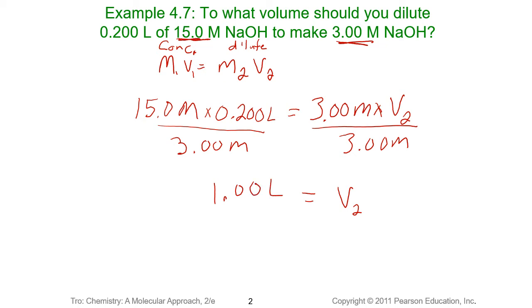Now, if we think about this, we are decreasing our molarity by 5 times, which means that we have to increase our volume by 5 times. So this does make sense as an answer that we would have 1 liter of our diluted solution.